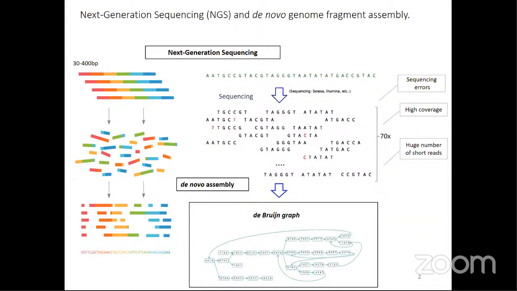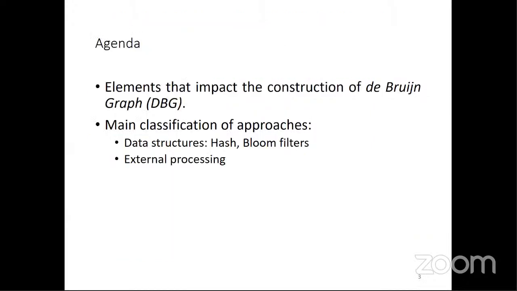In terms of computational complexity, the assembly might require high-performance computing platforms for large genomes and the processing of large volumes of data, because of the high memory requirement of the Bruijn graph. Thus, the objective of this work is to give an overview of the main strategies applied to minimize the memory requirement for the Bruijn graph in de novo fragment assembly.